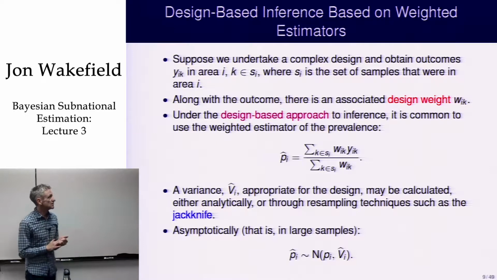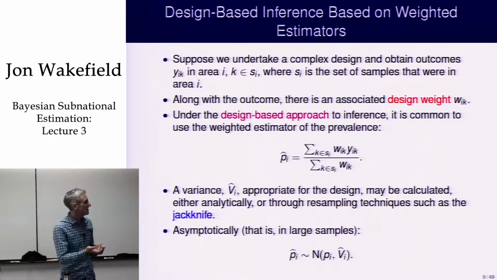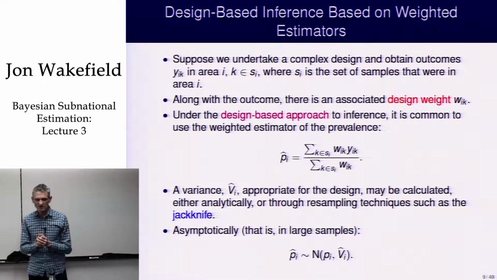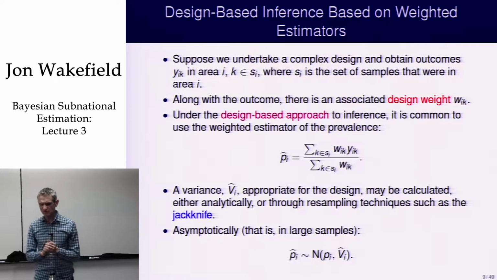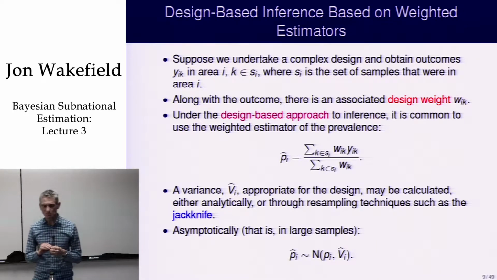And then along with each of these, the people we sample will give responses of the variable of interest. And then we'll also have an associated design weight, which if you remember is 1 over the probability of selection. And under the design-based approach to inference, we saw that a very nice estimator, an estimator with very good properties, is this weighted estimator.